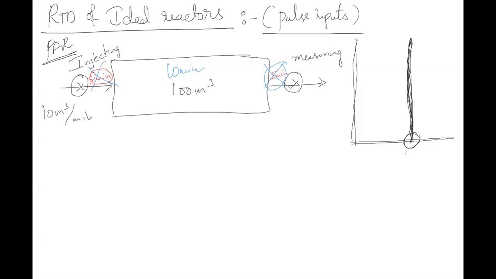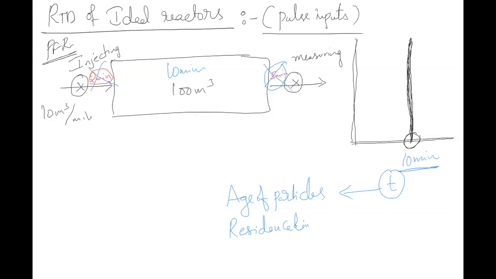Because I will consider only 10 minutes. Why have I not taken this 2 minutes and 5 minutes while writing the peak? Because what is this t? This t indicates the age of particles, or let's say the residence time of particles. If I write 17 minutes there, you will misunderstand that every particle has experienced 17 minutes inside the reactor, which is not true.